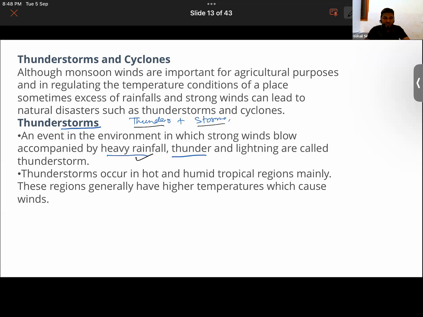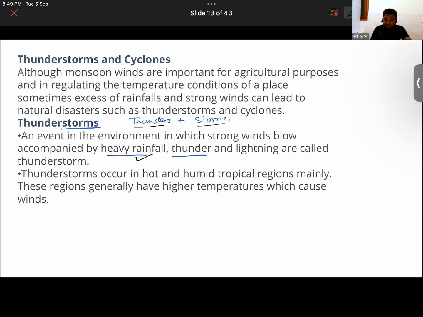Now the question is, when does this thunderstorm become very dangerous and convert into a cyclone? When there is very much moisture in it.